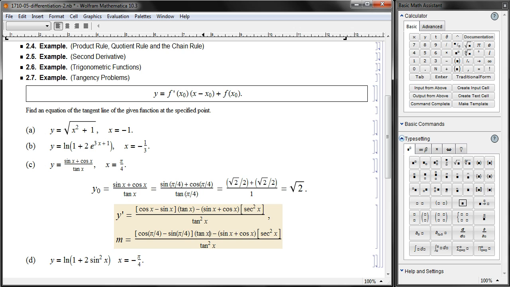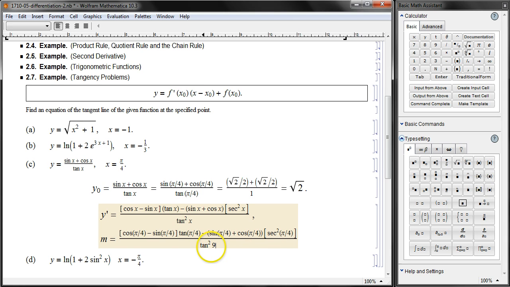Every x becomes pi over 4, the sine of pi over 4 here, and that x is pi over 4, and one more.